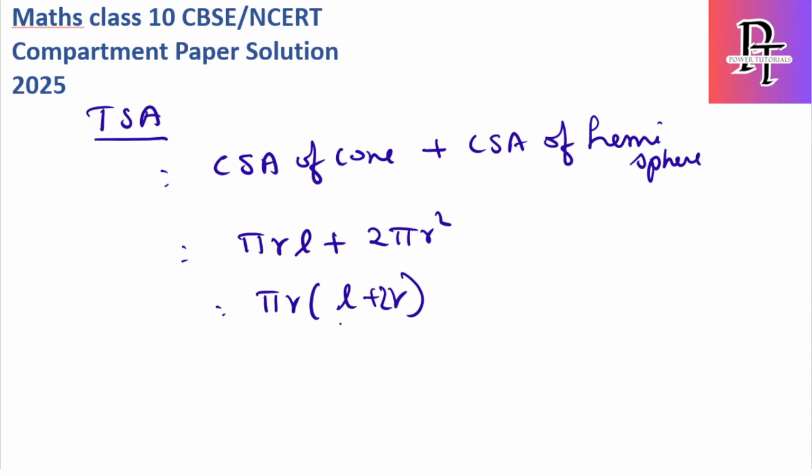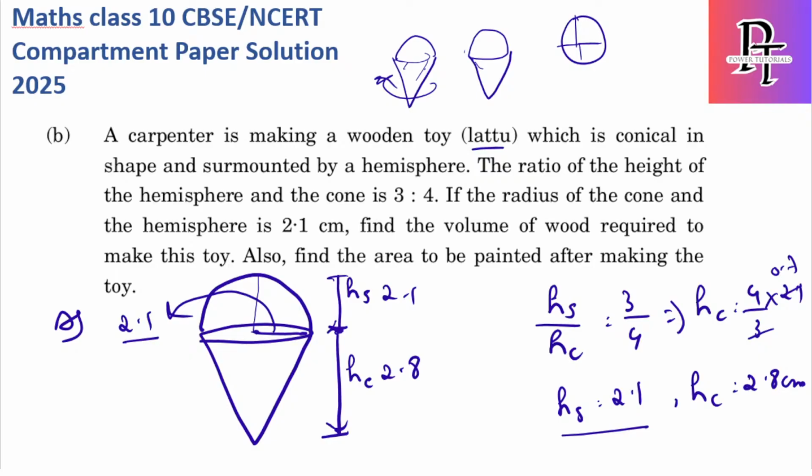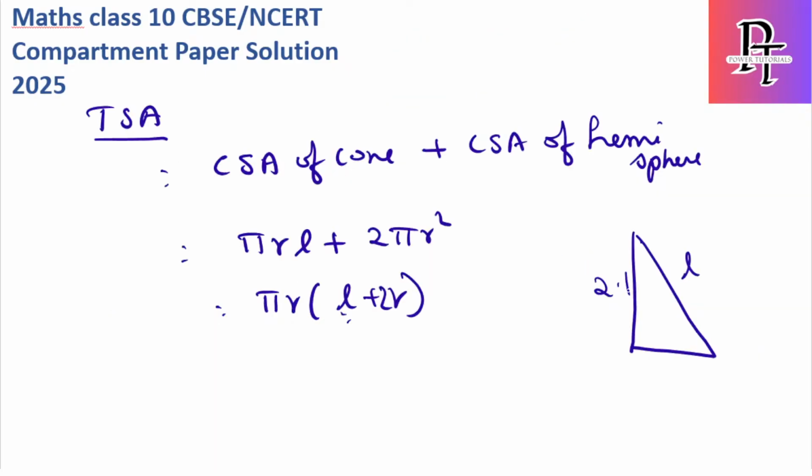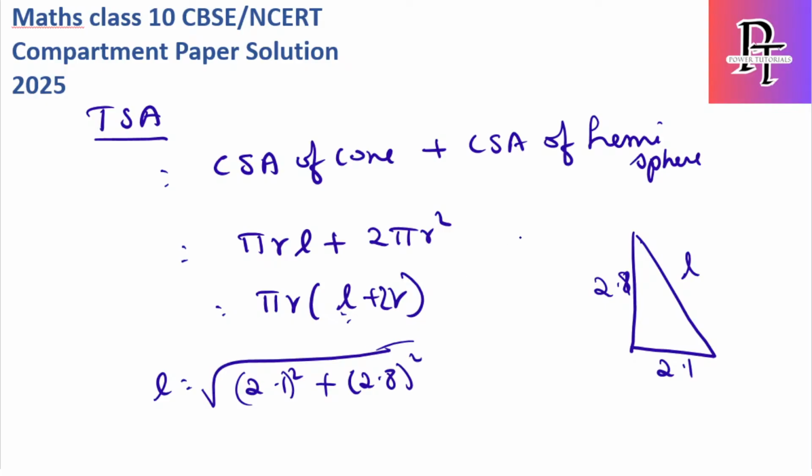So before that we need to get the L value. So let's find the L value first. So the cone, L is this one. Radius is 2.1. Height of cone is 2.8. So L is equal to root of 2.1 whole square plus 2.8 whole square. So let's get the values. 21 into 21 is 441.